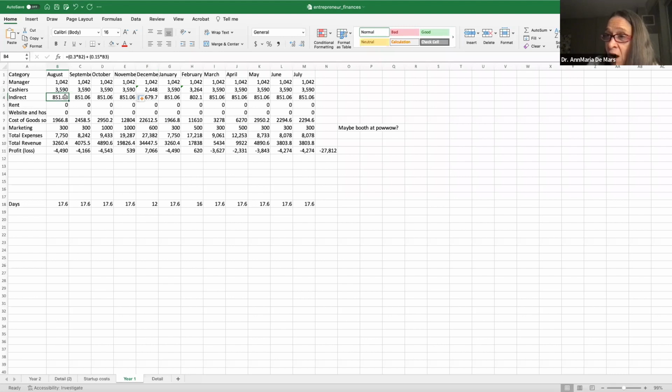The indirect cost, remember? So this is where I started. I started off saying I thought it was 30% for the manager. So equals, and then parentheses 0.3 times the manager, close parentheses plus. Remember all those things from 8th grade?